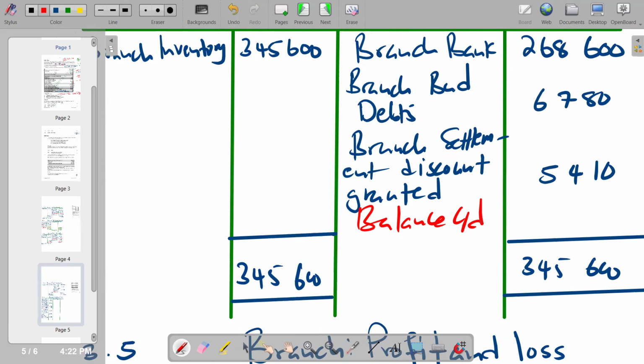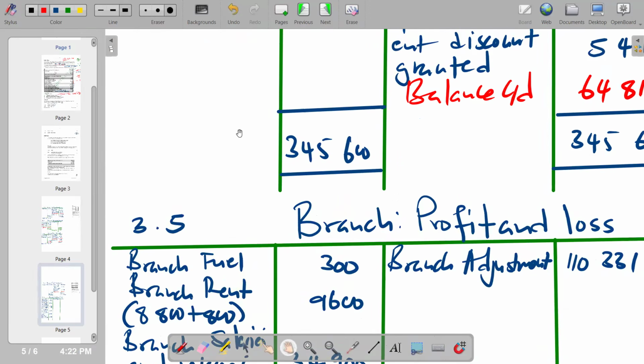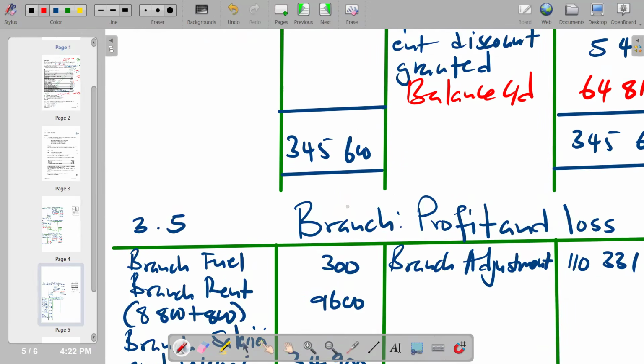If you subtract, you are going to get an amount of 64,810, which is also supposed to come on the debit side. So basically, this is what we have on our branch trade receivables.